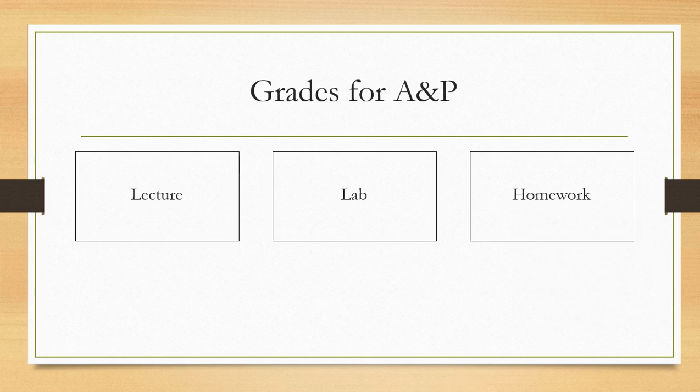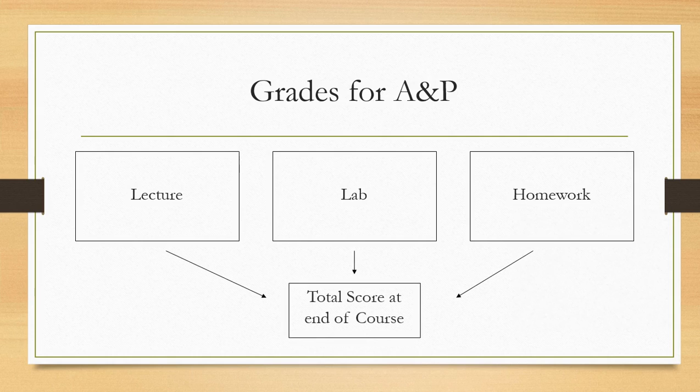You can look back to the syllabus to see what those are exactly, and at the end of the course, all three of those will feed into your total score. They'll all get lumped into the lecture side of the course. You'll see those appear at the end of the course in your lecture grade book, and that's where your instructor will look for your total points to assign you a grade in the course.